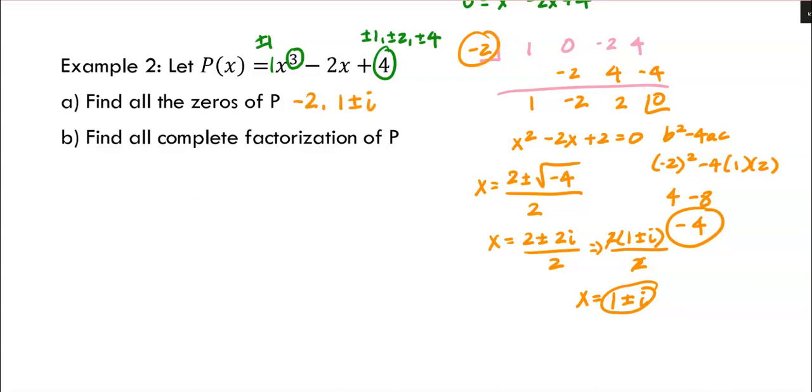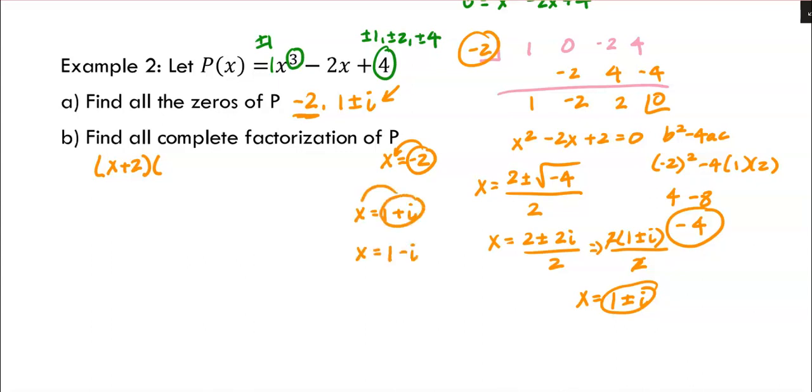Now let's go ahead and find the factors. Well, x equals -2, move it to the left-hand side. So that's going to be x plus 2. There's a factor here. Let's break this up as plus or minus. x equals 1 plus i, x equals 1 minus i.